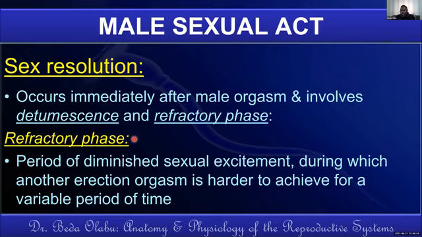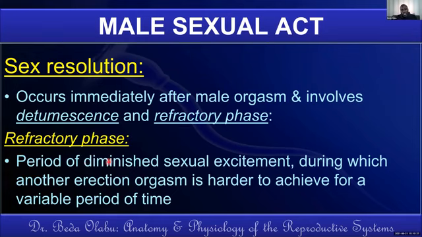It could be seconds, minutes, hours, days, I hope not weeks and months. After a man has ejaculated and felt satisfied, the sexual excitement goes down almost to zero. During that period, he doesn't even feel like another one for a variable period of time. That is what we call the refractory phase.